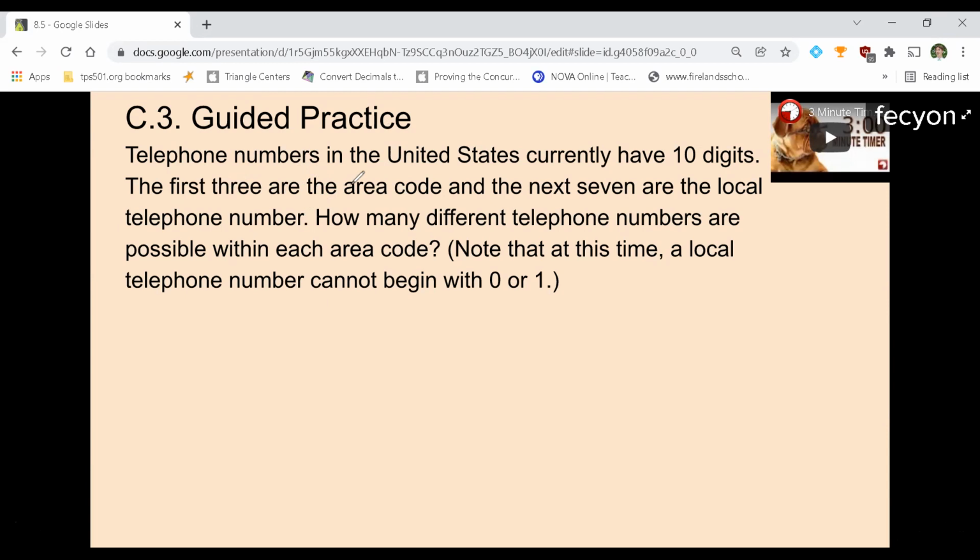That's your local number. So here, let's just make it for the area code 785. How many different phone numbers exist in our area code? Note that at this time, your telephone number cannot begin with a 0 or 1. You cannot put a 0 or a 1 in this first spot.